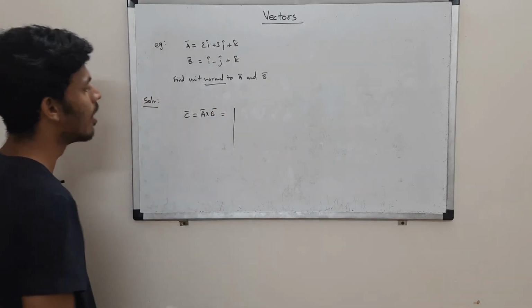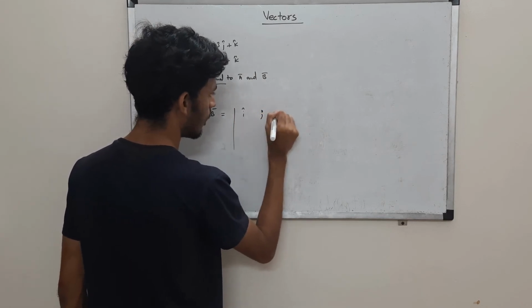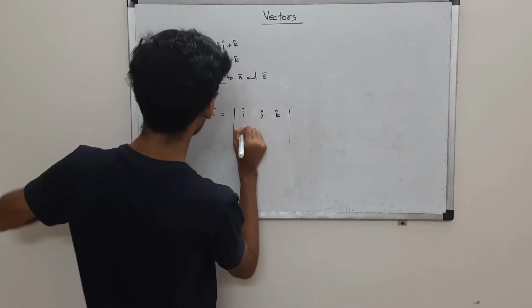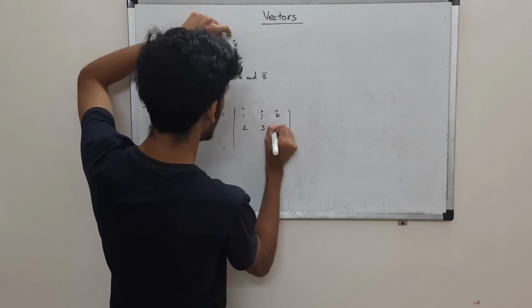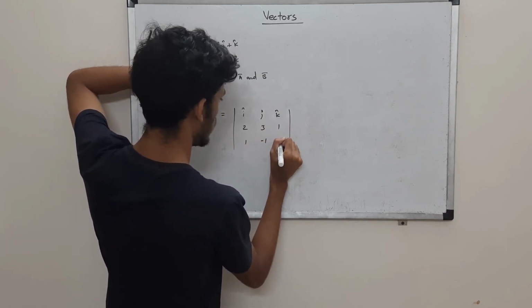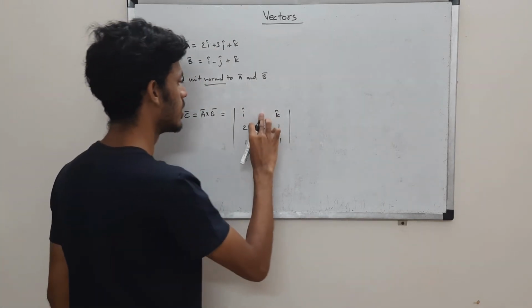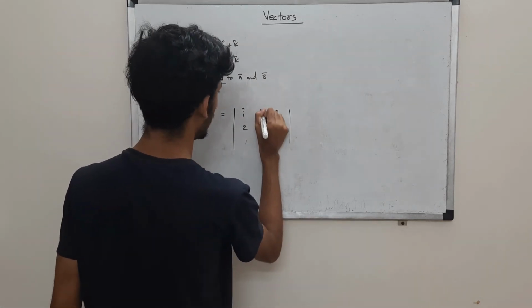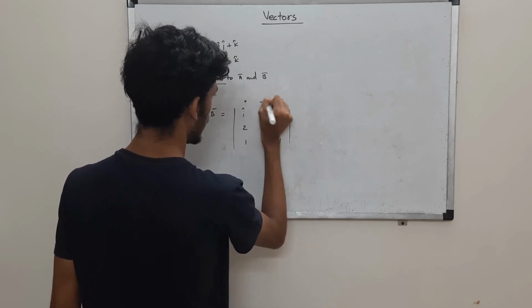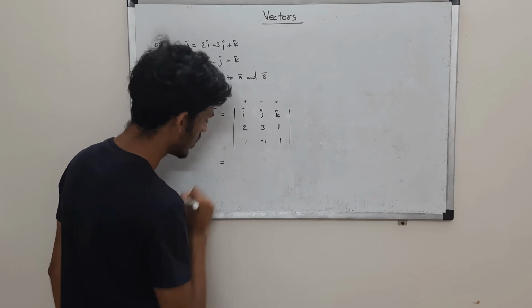So how do you find A cross B? It's very simple. You write I, J, K, and the components of A over here 2, 3 and 1. Here it is 1, minus 1 and 1. I hope you know to open this up. This is a determinant bracket. So plus minus plus, you put like this, and this is how you open it.